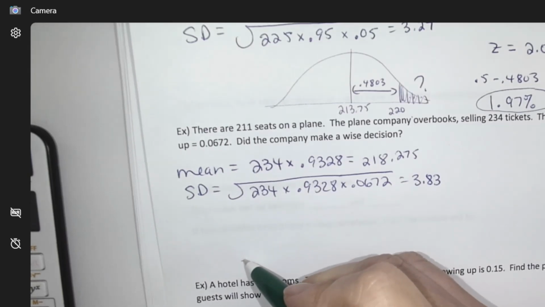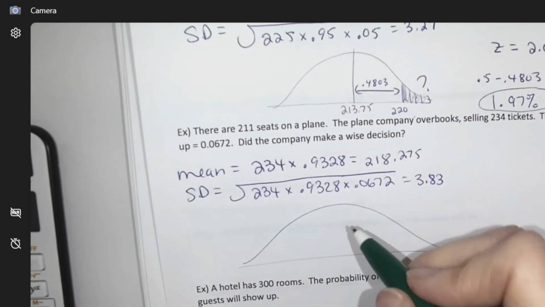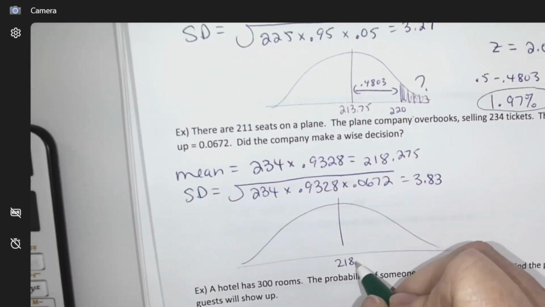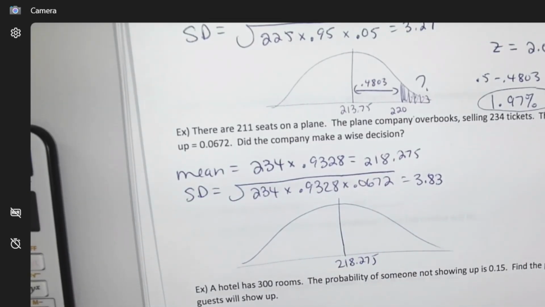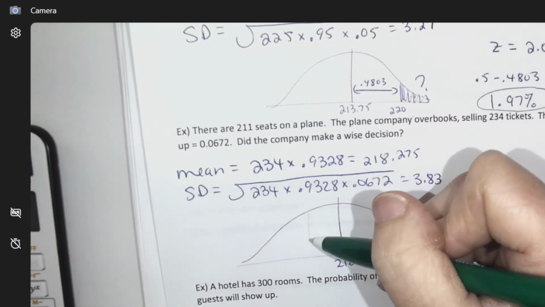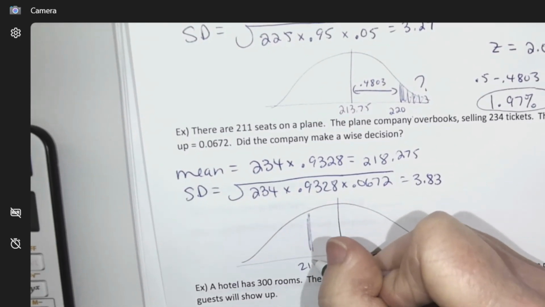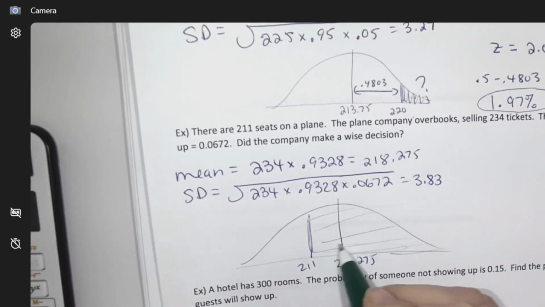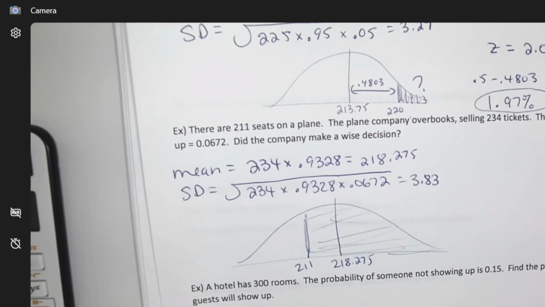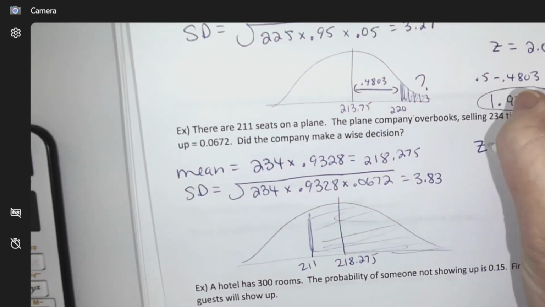Standard deviation is the square root of that n number times the p probability times the opposite probability. I can already tell you something: if my mean is at 218, and I'm worried about being over 211, yikes, this isn't going to be good. Let's get the exact probability.